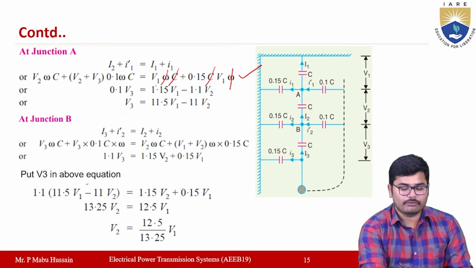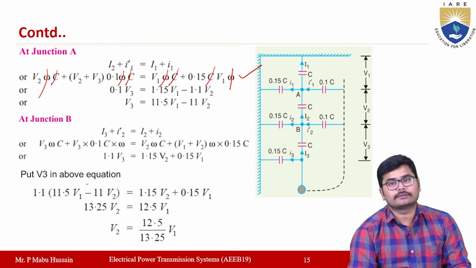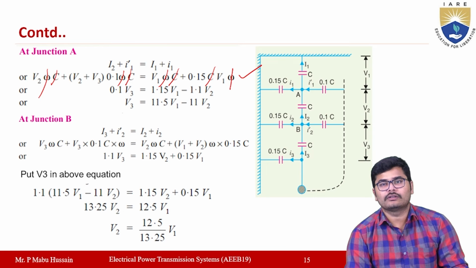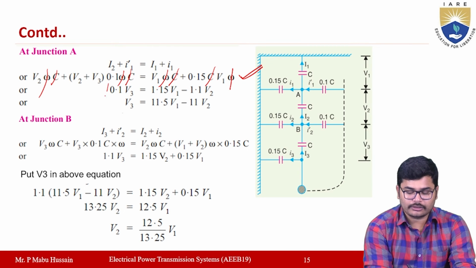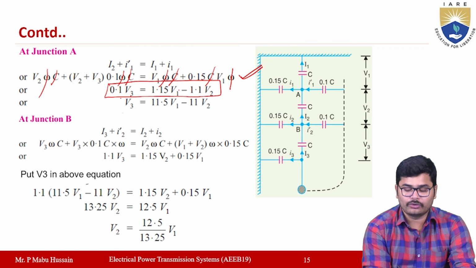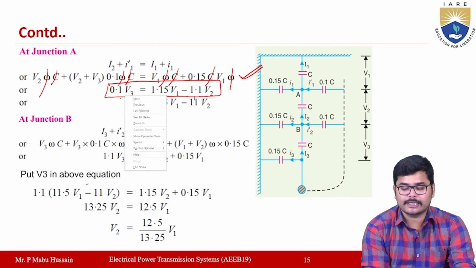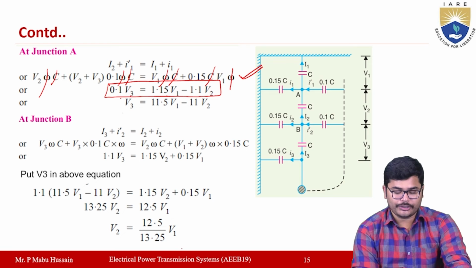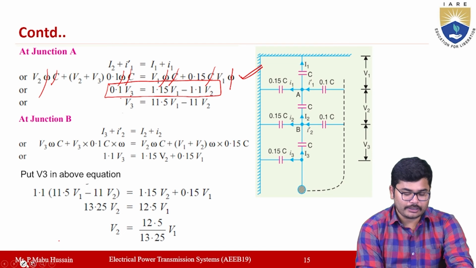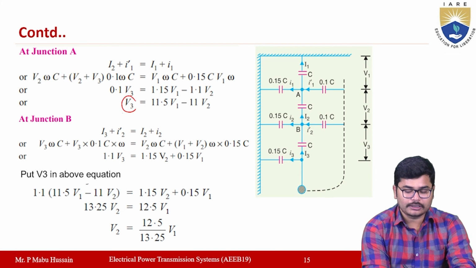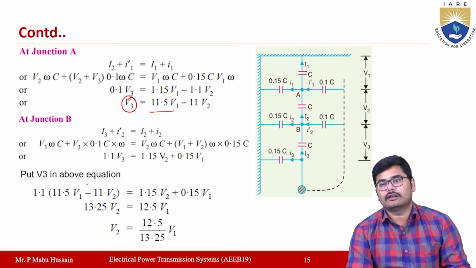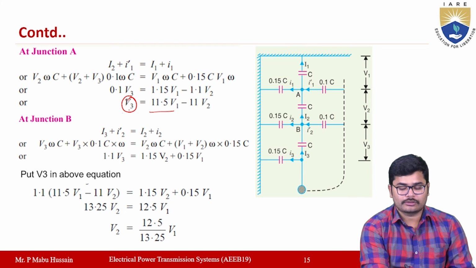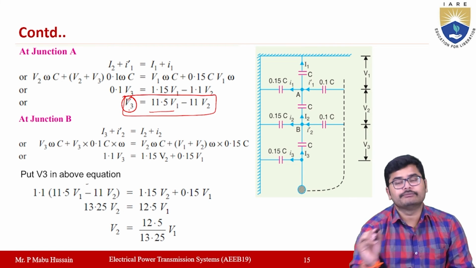Reducing the equation, we get 0.1 times V3 is equal to 1.15 V1 minus 1.1 V2. Writing it for V3, V3 is equal to 11.5 V1 minus 11 V2. This is the final equation we get here.